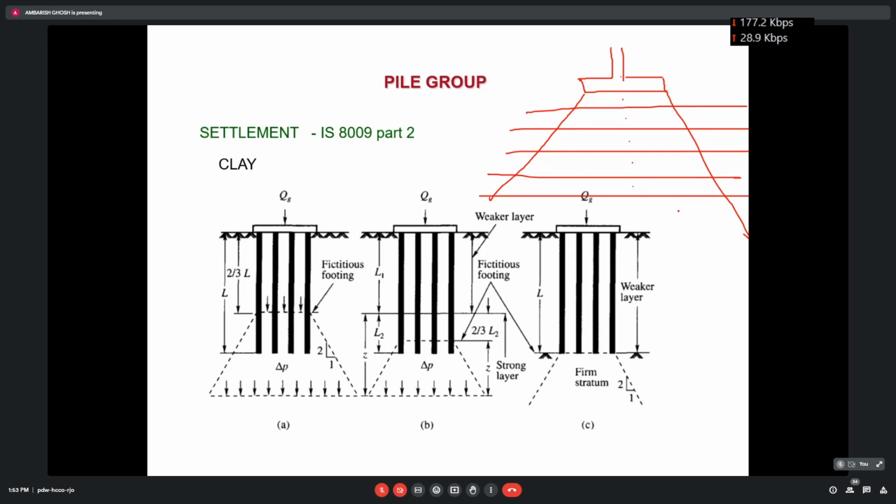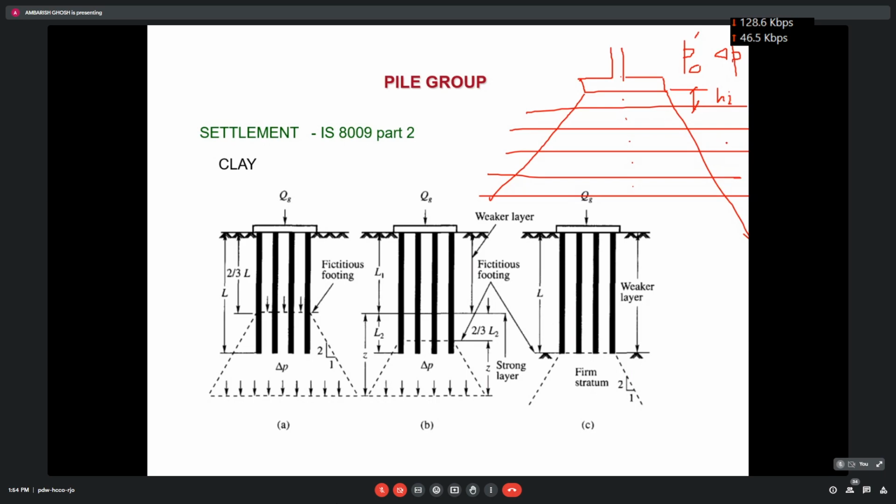Am I correct? You calculated P naught dash and delta P for each, at the center of each layer. Then you used the consolidation formula Cc by 1 plus e naught into log of P naught plus delta P by P naught into H, where H means Hi, the thickness of each layer. Then you made the summation of it and you got the settlement.